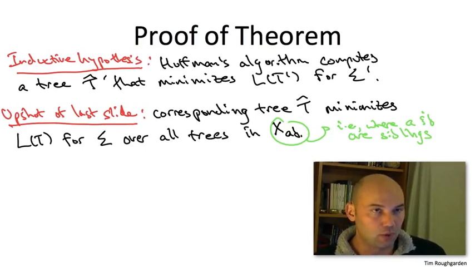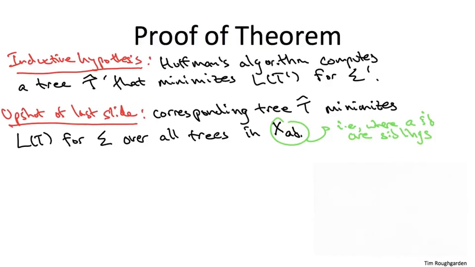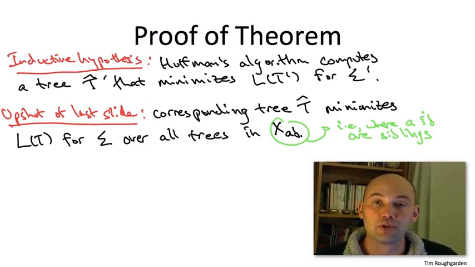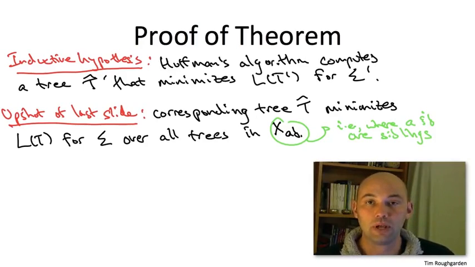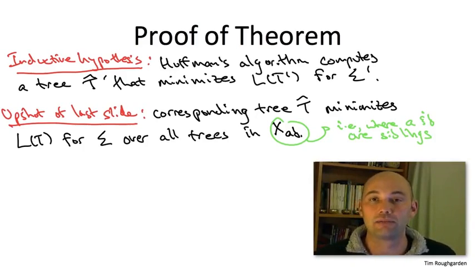So we're in trouble if there is no optimal solution in which A and B are siblings. Then it doesn't do us any good to optimize only over these crappy solutions. On the other hand, if there is an optimal solution lying in this set XAB, in which A and B are siblings, then we're golden. Then there's an optimal solution in this set. Our recursive call is finding the best solution in this set, so we're going to find an optimal solution.